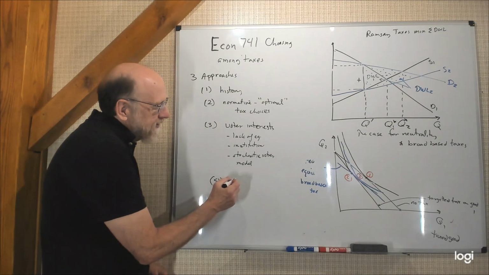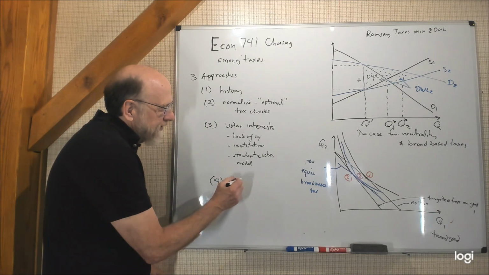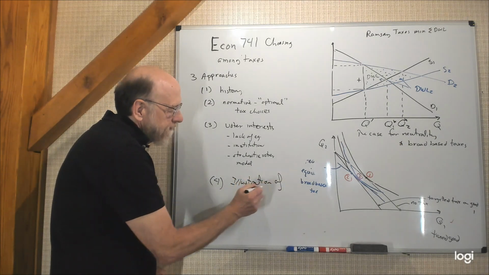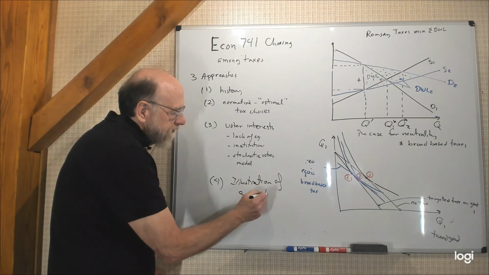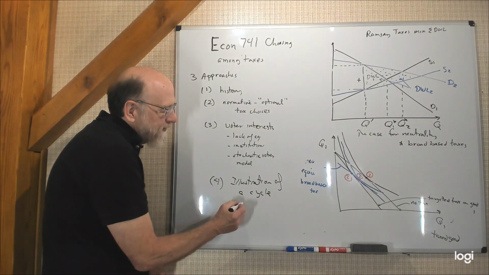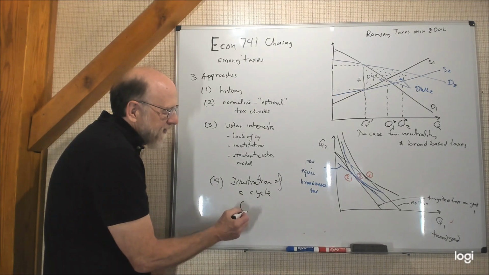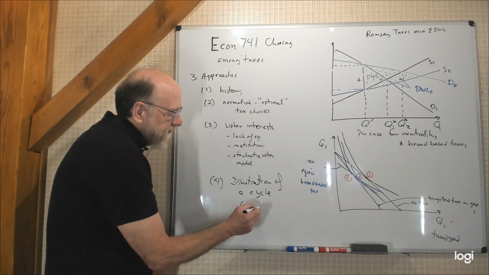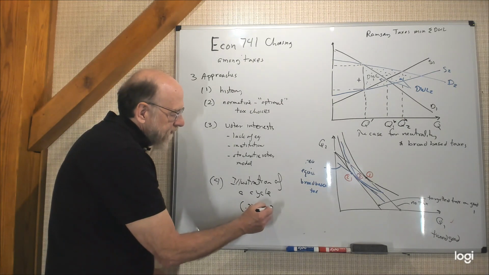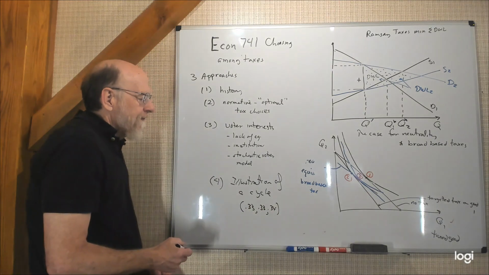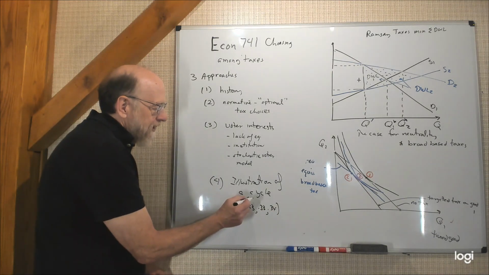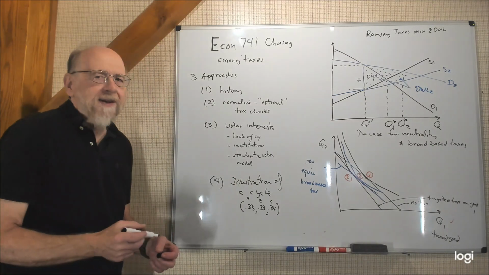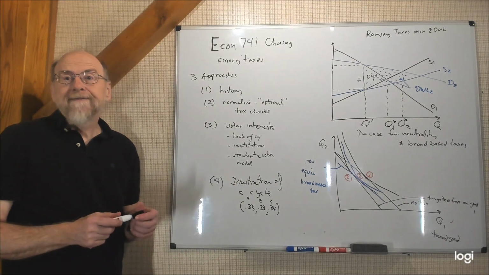So one of the things I wanted to do is suppose you have three kinds of taxpayers: Group A, Group B, and Group C, and we just write those down as a triple, okay?